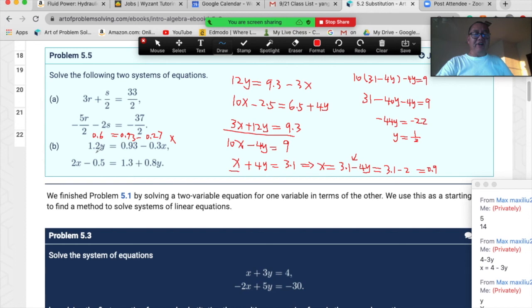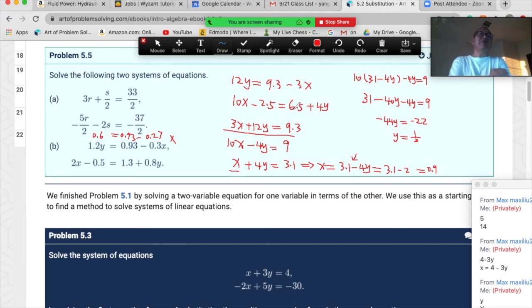So here, let's check. From this equation, first we times 10 both sides. We get 12y equals 9.3 minus 3x. Yeah, that's right. Second one, we times 5 both sides. So we got 10x minus 2.5.